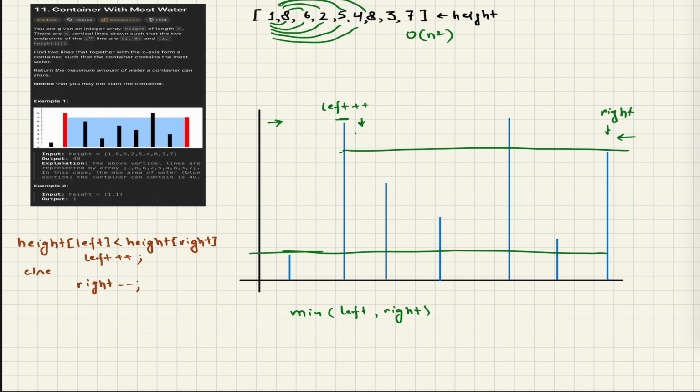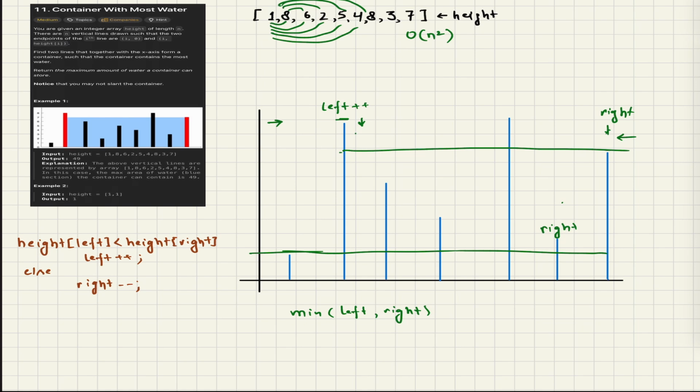Then I'll store it again. This is the amount of water that I can fill. Now I'll see if the height of right, this line, is greater than this. No, it is not. So I'll move my right side and see if I can do better from the right end to store more water, right?